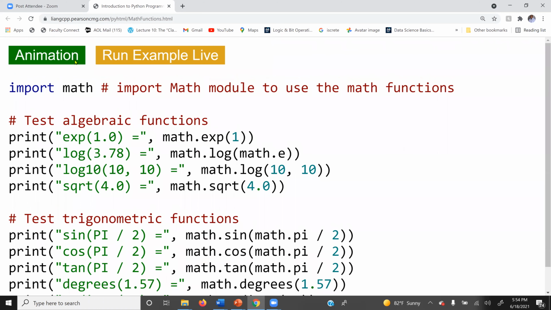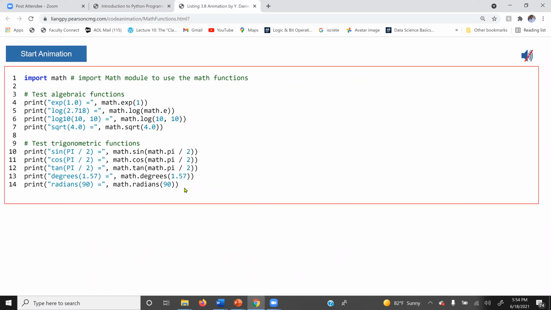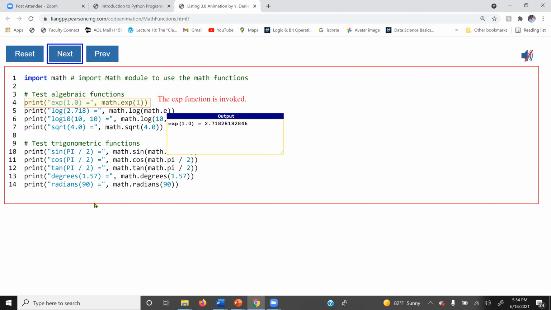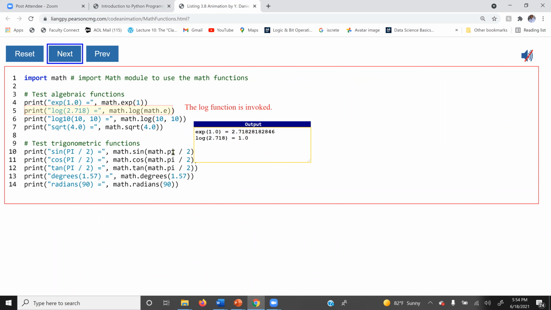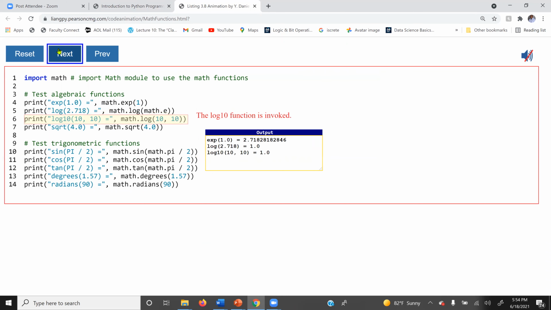So when we run this program, first our answer was 2.7182, then the rest. Second, the log will give us 1.0. Then the log base 10 is 1.